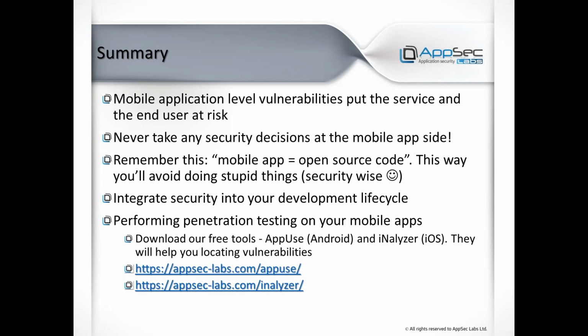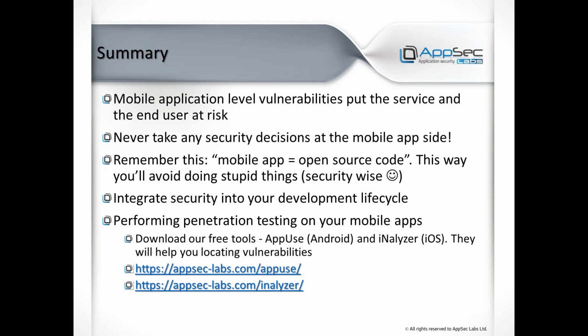So we just saw the 10 most common vulnerabilities related to mobile apps. That was the last topic related to the common vulnerabilities. So let me just summarize this session. As we saw, mobile app vulnerabilities are not related just to the mobile application, the client application.